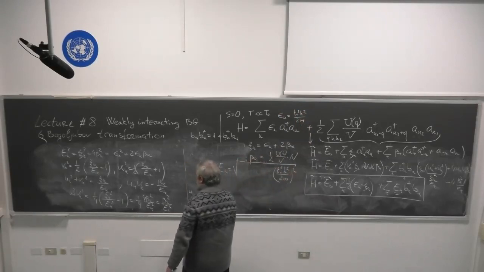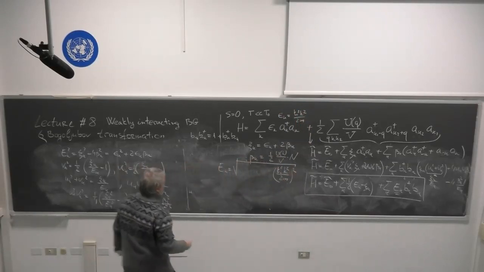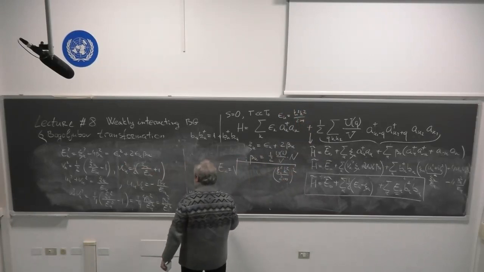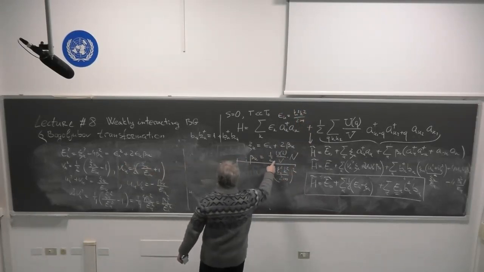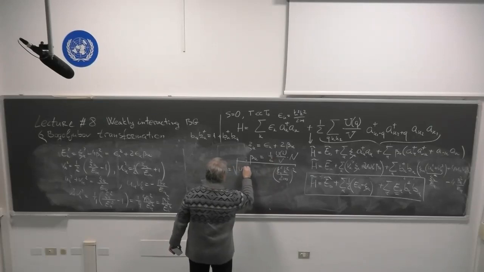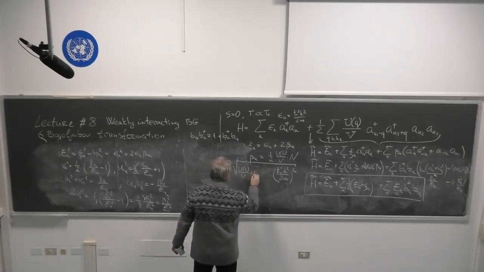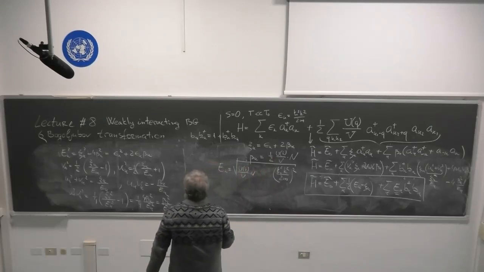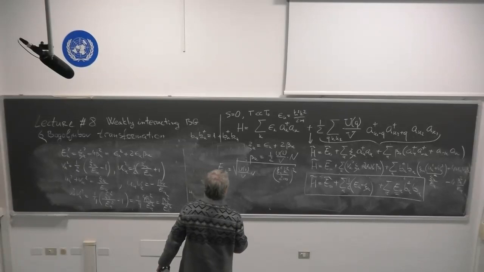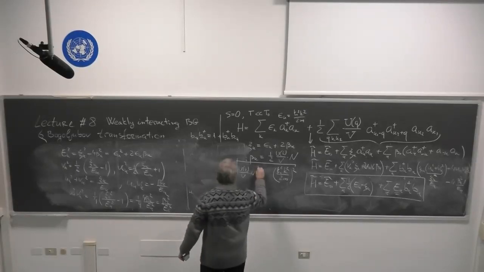This is the term epsilon k squared. But we also have a term 2 times beta k, and this will therefore be proportional to the interaction strength times n, and times h bar squared.